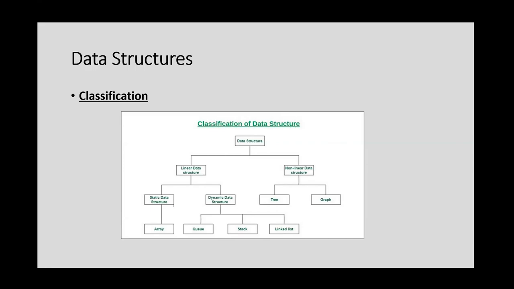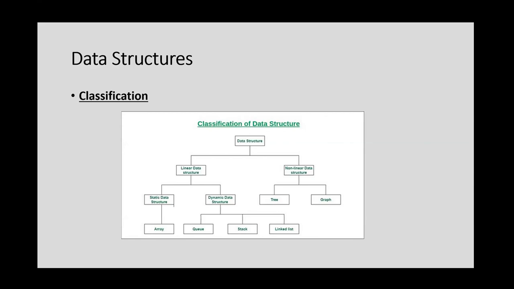If I consider this classification of the data structure itself, how it is depicted to you, there is one main node, data structure, then two branches, which are linear data structure and non-linear data structure. This shows you how a tree structure looks, correct? There are some branches, some leaves, some root.